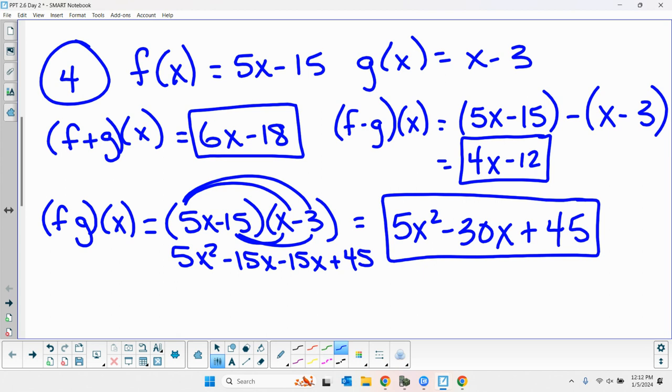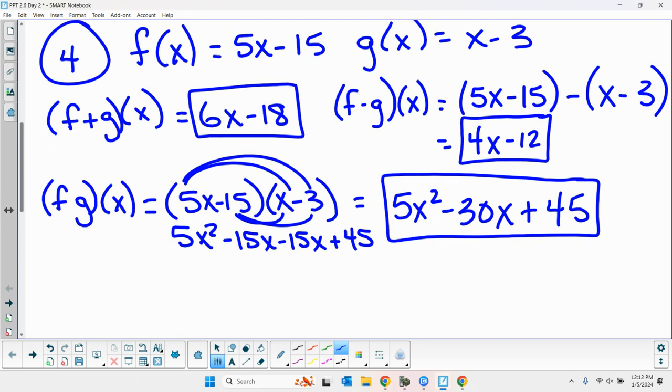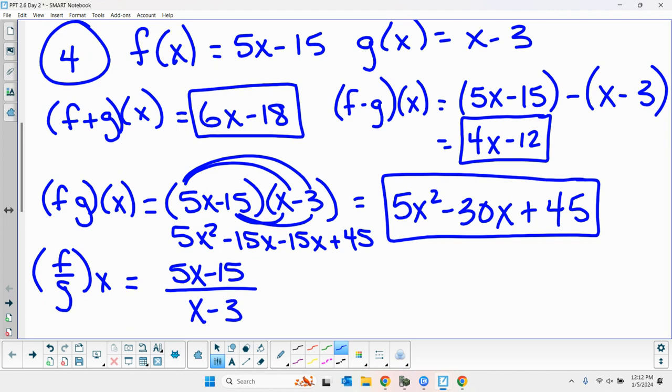Okay. On the last one, the division one, it looks like that, okay. So on the division ones, if you have to do this type with the x, you have to factor what you can factor. And then the top, I can factor out a 5. It's a GCF.